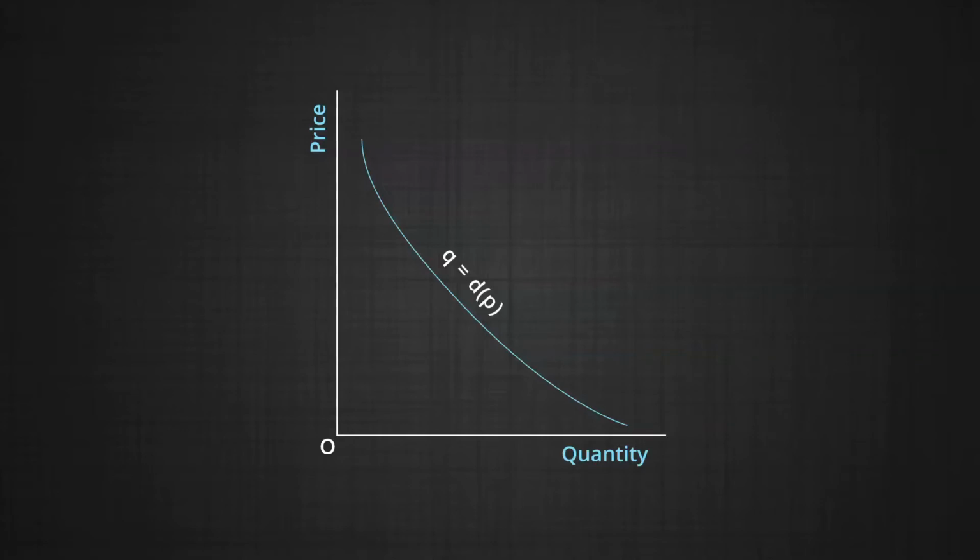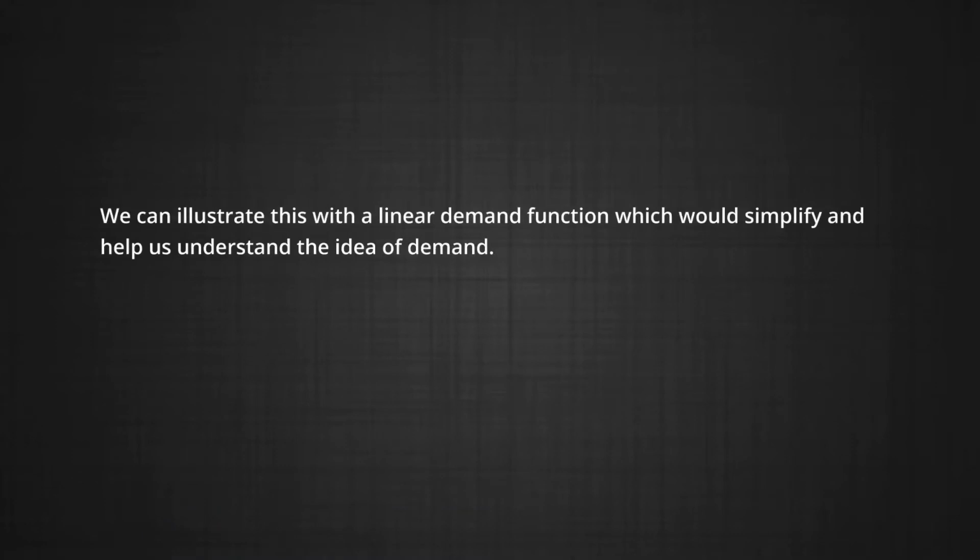The figure shows the demand curve displaying this inverse relationship between price and quantity of the good. The law of demand states that usually a consumer's demand for a good is inversely related to the price of the good.